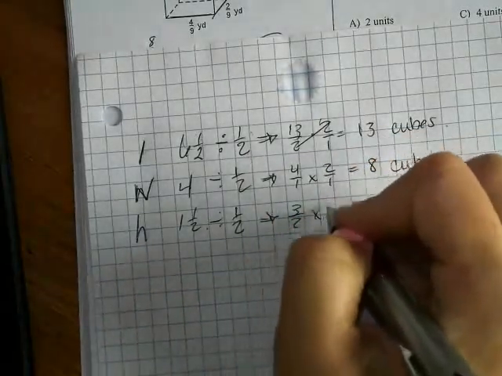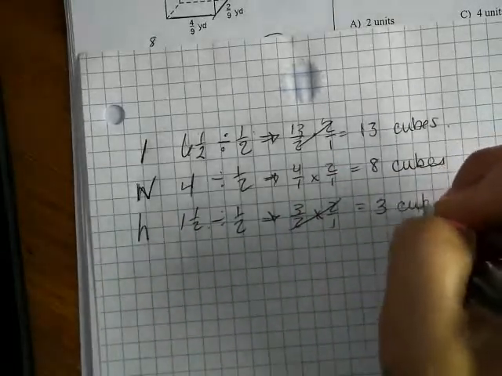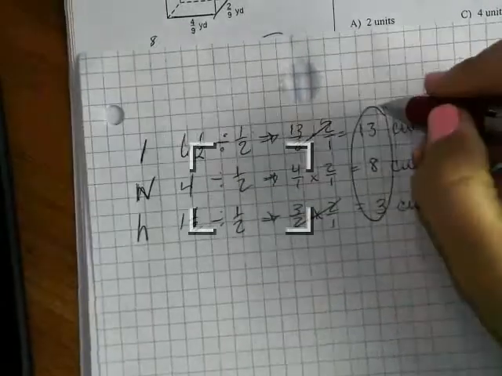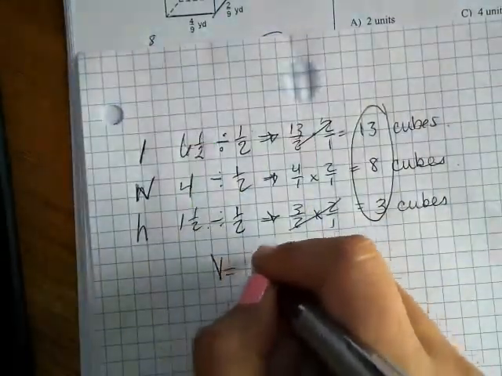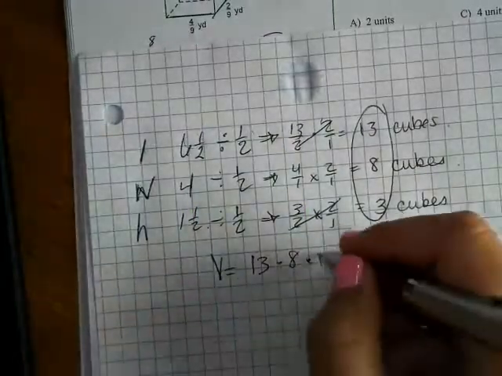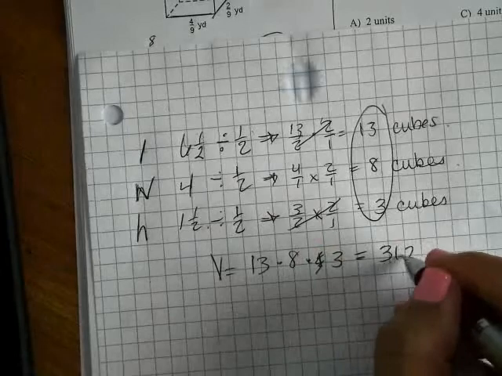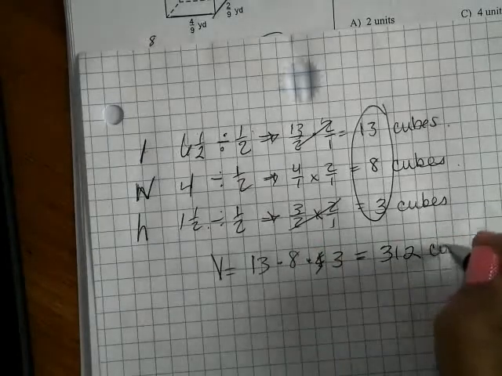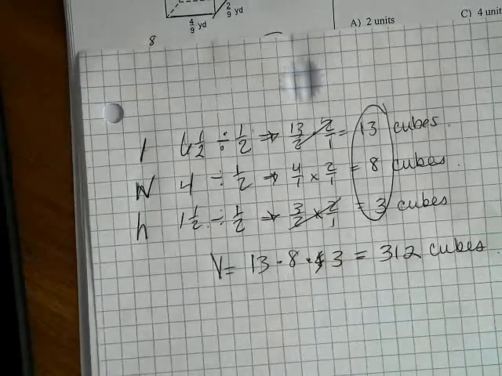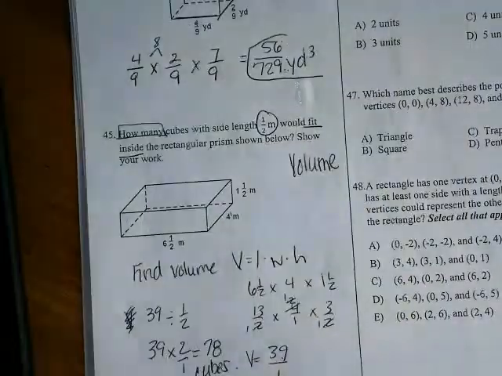It's times 2/1, which makes this 3 cubes. Now you take these measurements and plug them into your volume formula to determine how many of these cubes can fit inside. And that makes it 312 cubes. My apologies for the mistake.